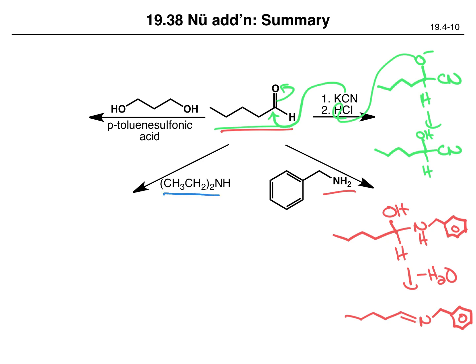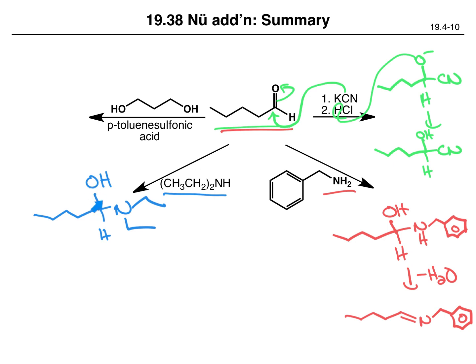In this example, we are treating the aldehyde with a secondary amine. So we are going to get something that looks like this. Here is our nitrogen connected to an ethyl group, connected to another ethyl group. Now this is going to lose water.